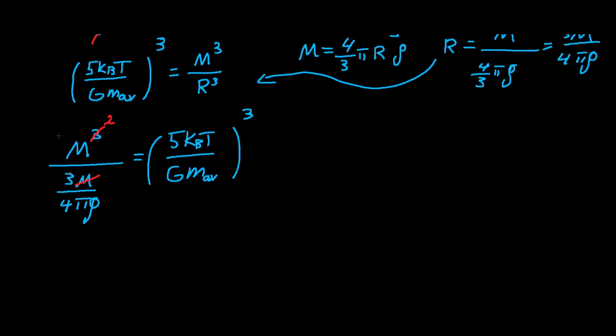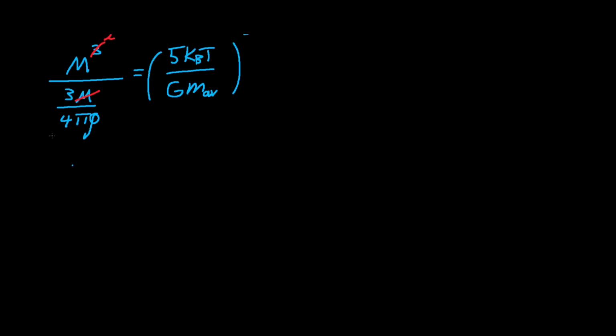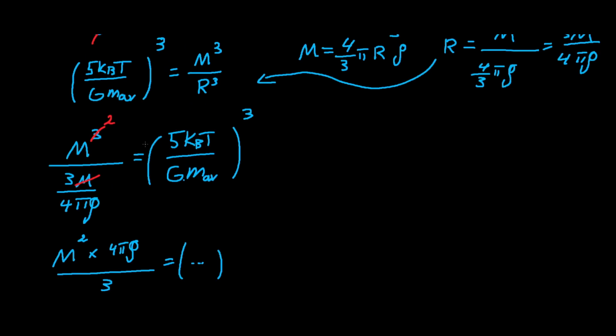And so what we have is M to the second power times 4 pi rho divided by 3 equals this term in the brackets here. I'm not going to rewrite it.